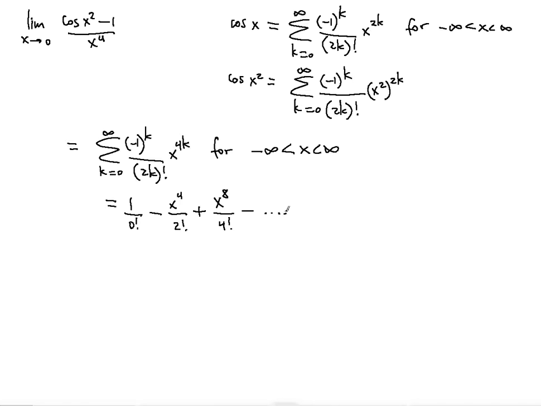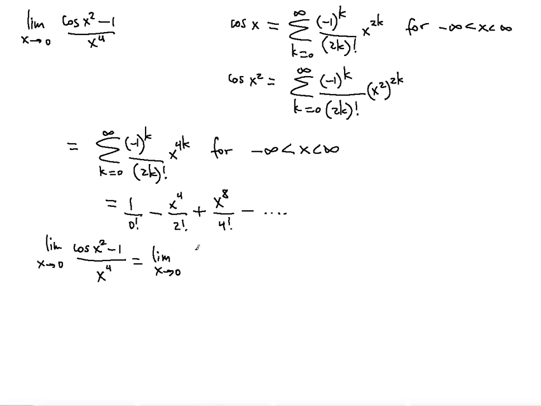And so the original limit that we're trying to find, as x approaches 0 of (cos(x²) − 1) over x to the fourth, is equal to the limit as x approaches 0 of this, replacing cosine x squared with these terms. I can go on and on, but you will see what's going to happen.